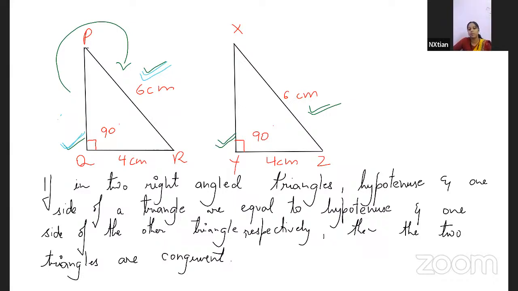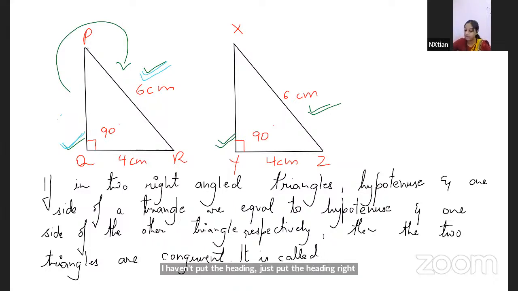Okay, this is called the RHS rule. I haven't put the heading, so just put the heading: right angle hypotenuse side congruency rule.